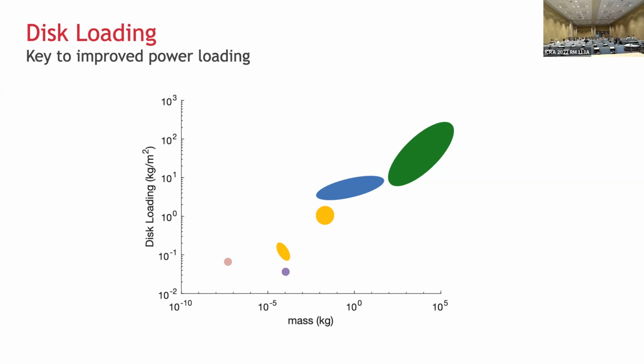Now, I'm going to go through this plot a little bit. At the higher end, this plot covers a wide range of scales. We're talking about planes, quadcopters, and then flapping wing robots.